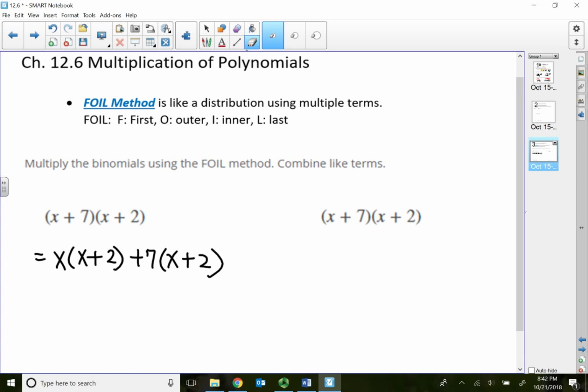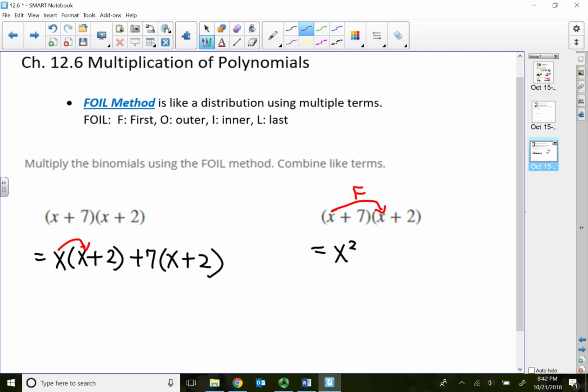The very first thing that we do is take x times x. For the FOIL method, just by looking at it, this x times this x is called first. So x times x, remember with multiplication we add the exponents, so 1x times 1x is 1x squared.